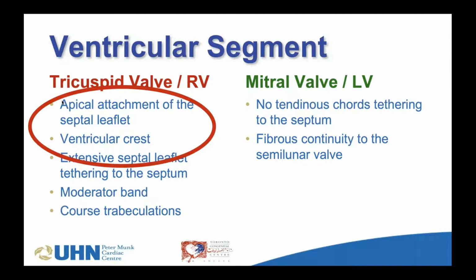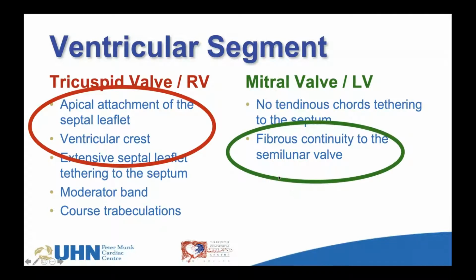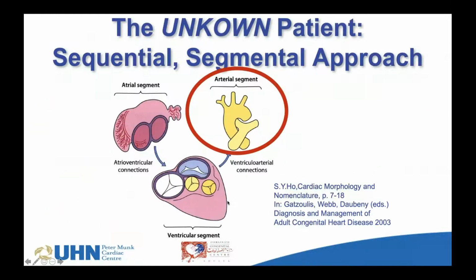The tricuspid valve is more apically attached to the septum and the ventricular crest. The mitral valve does have a fibrous continuity to the semilunar valve, and if you can identify the mitral valve, then you know the underlying ventricle is the left ventricle.